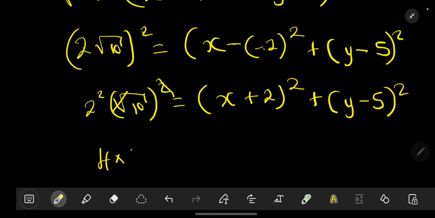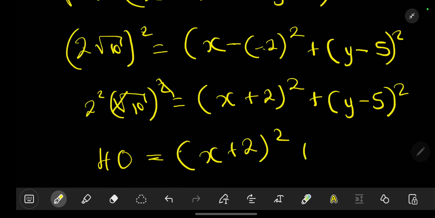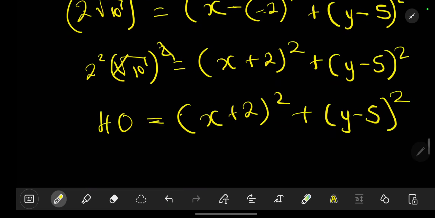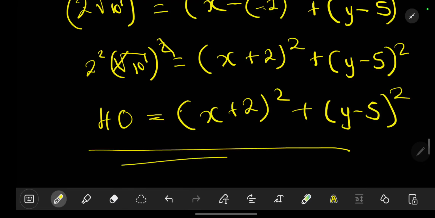We have 4 times 10. Now we can just write 40. But if you are not conversant with it, you can write times 10 there. Then we have (x plus 2) squared plus (y minus 5) squared. So this is the required equation of the circle.